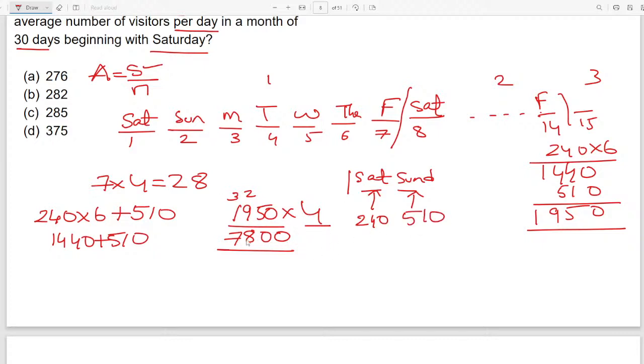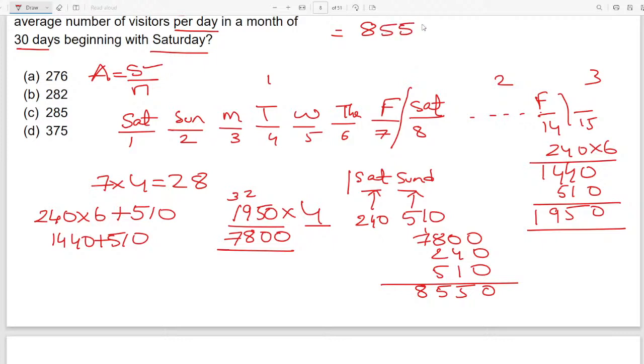So if I add this, 7,800, 240, and 510, we get 8,550. So 8,550 is the total sum of the visitors in a month.